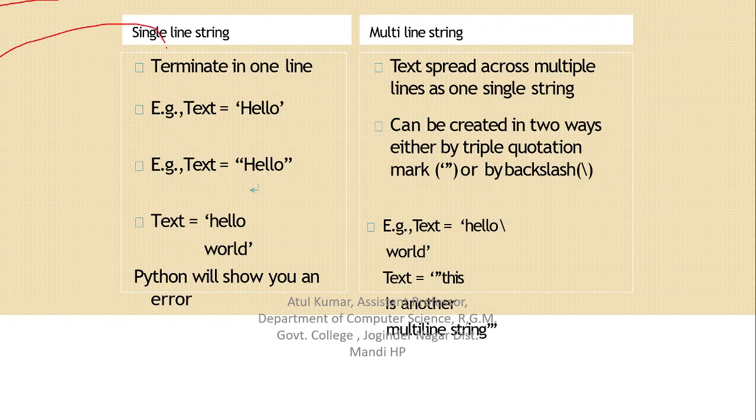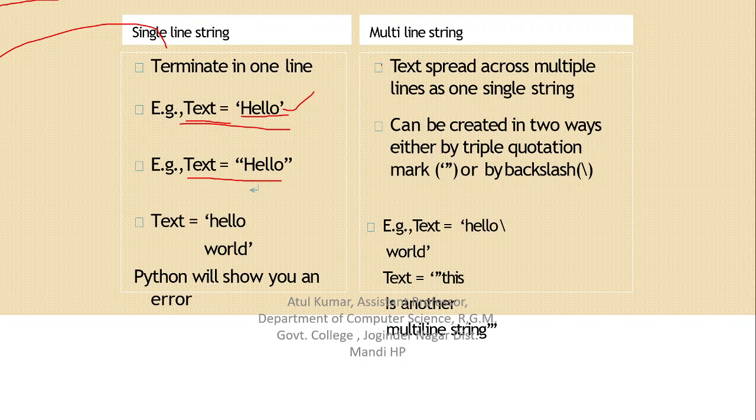For example, we have text assigned the value hello, enclosed in a single quote, and it is terminated in a single line, so it is a single line string literal. Similarly, we have a string literal hello enclosed in a double quote, and so on.